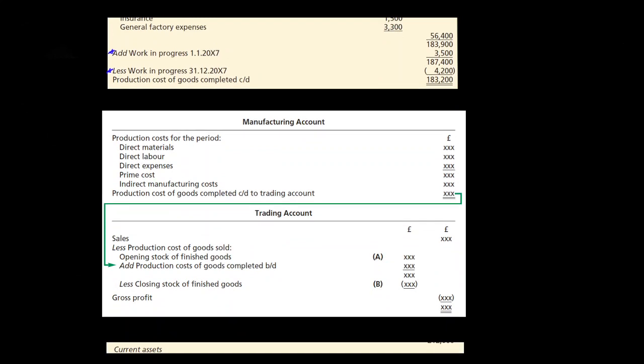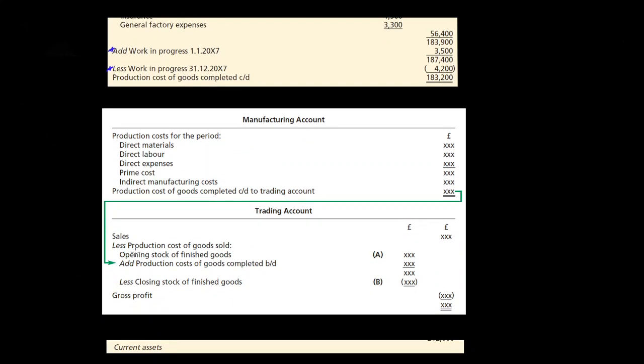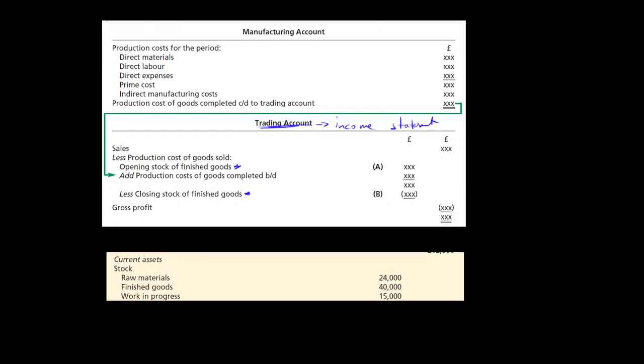Then we have inventory of finished goods, and this comes in your trading account, basically within your income statement. Trading account means the first part of your income statement where you calculate your gross profit. So finished goods come in your income statement. They replace the opening inventory and closing inventory in the normal accounts.